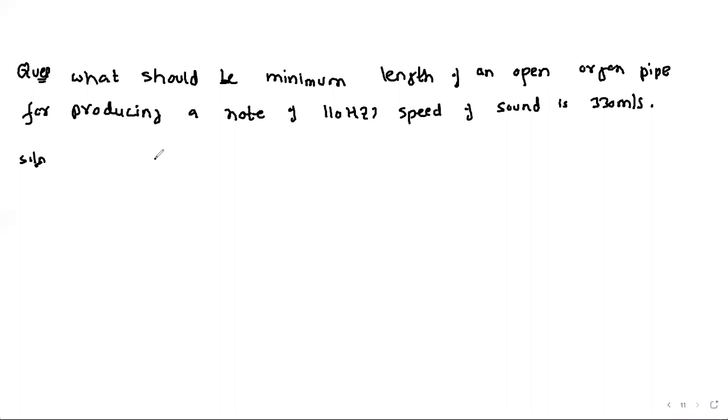So basically, this is for the open organ pipe. The frequency of an open organ pipe is this for the fundamental mode. So you have the frequency, you have the speed, you just have to calculate the value of L. How much is L?